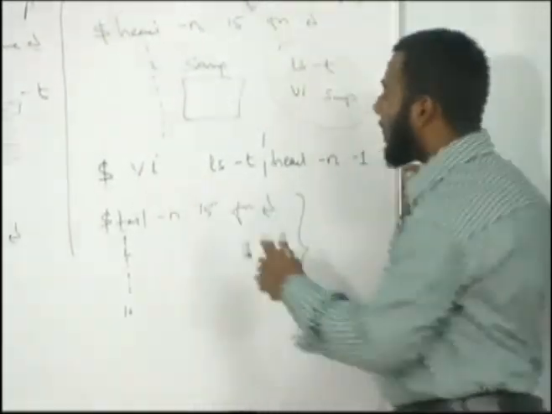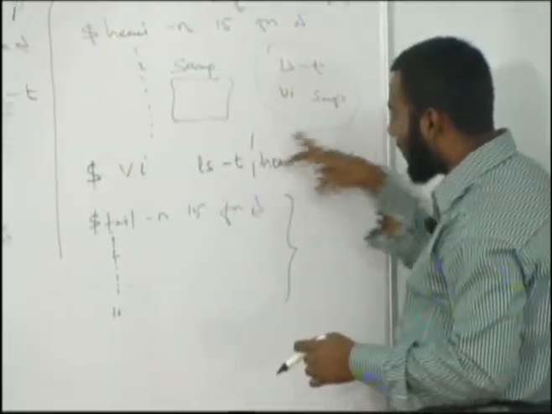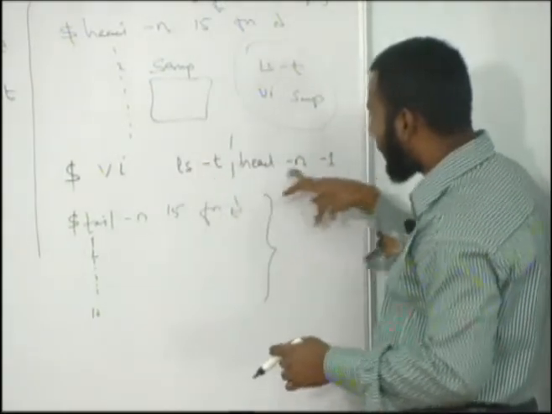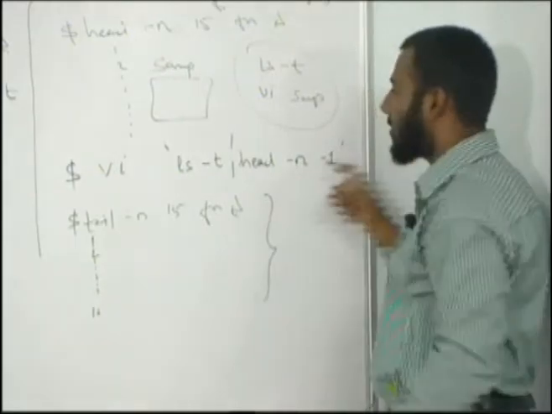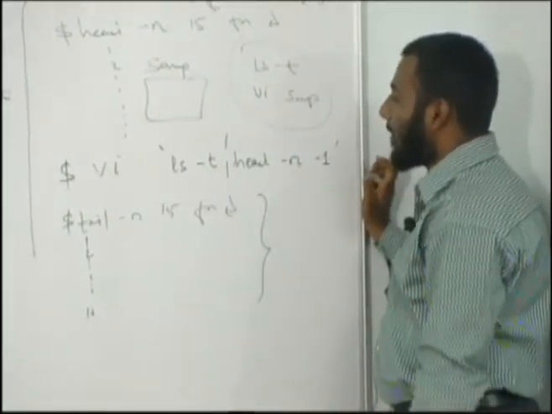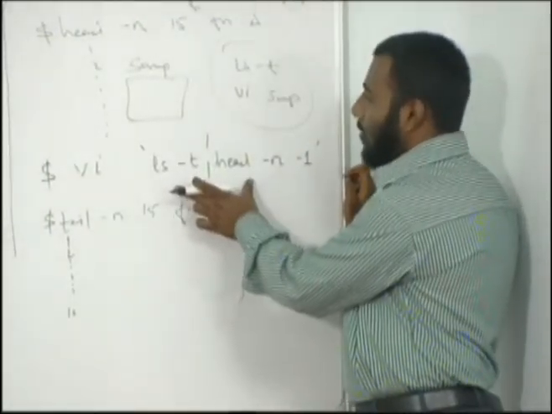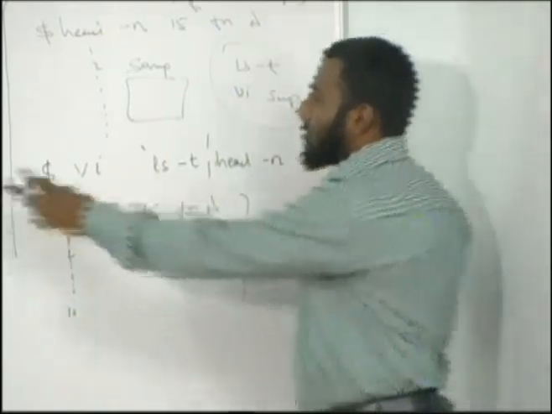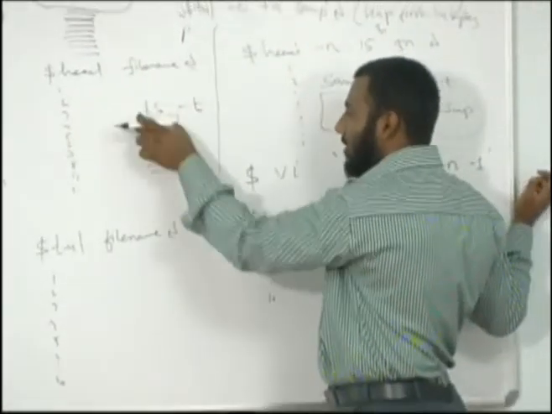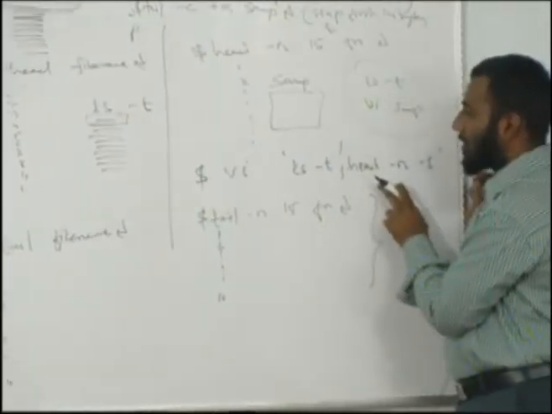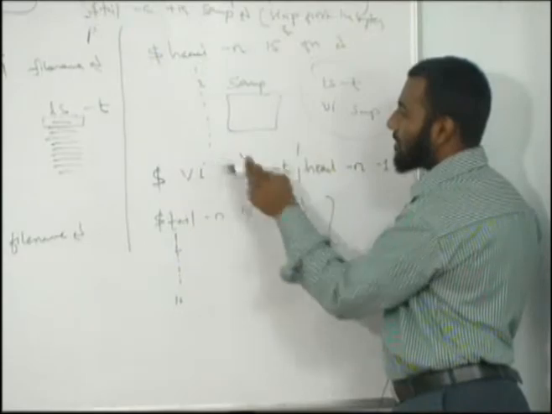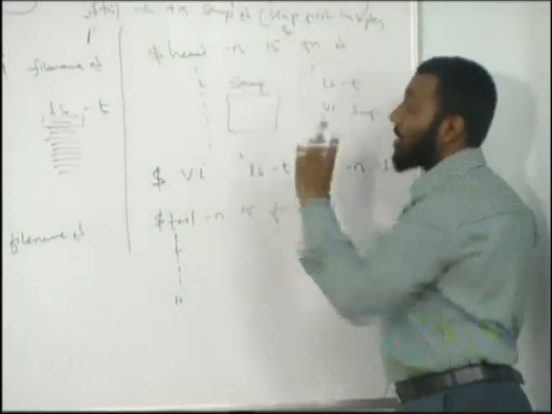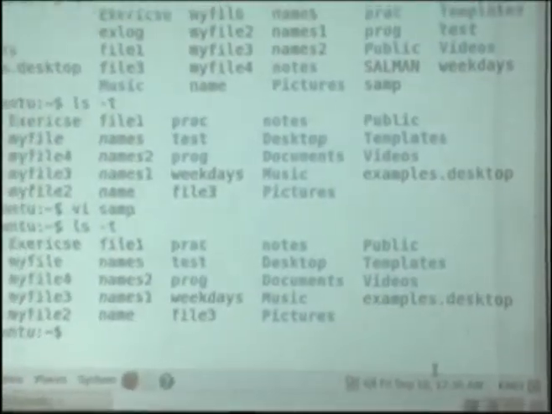Whenever I want to execute a command and replace its place with the result, I use this very famous symbol in shell programming. It will perform ls option T, get the first line with the head command, and the value SAMP will be substituted in its place. So VI SAMP will open the SAMP file. Let's combine these three commands now.